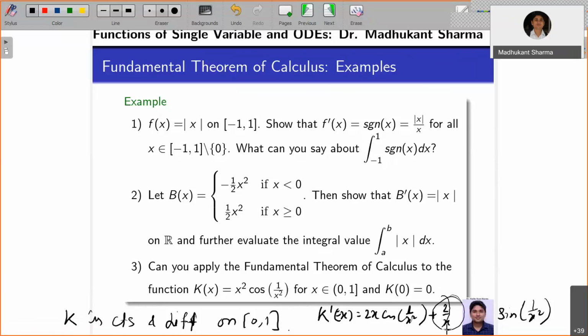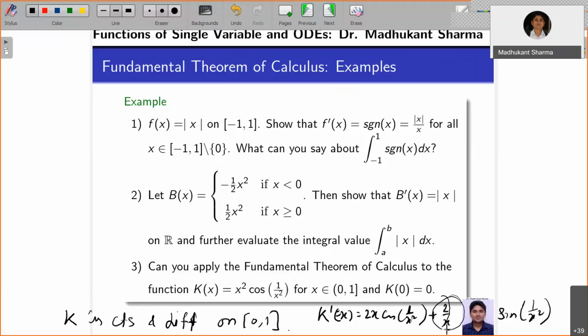Now we have talked about definite integrals, where the function is a nice function, meaning it is bounded on the entire interval a to b.